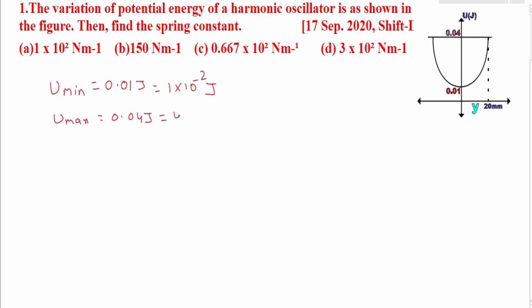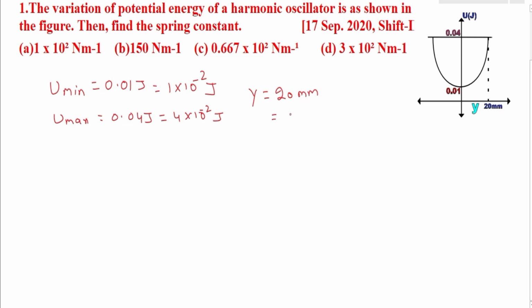This can be written as 4 into 10 power minus 2 joules, and this variation of potential energy from minimum to maximum will take place within a displacement of y is equal to 20 millimeter.